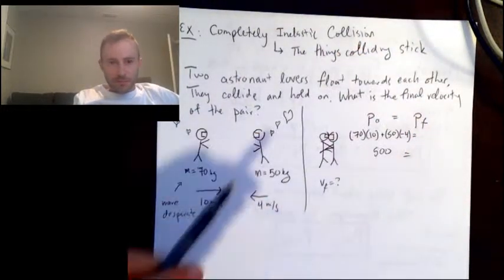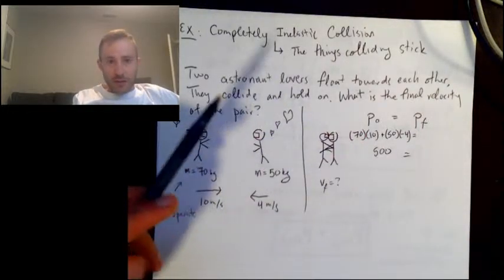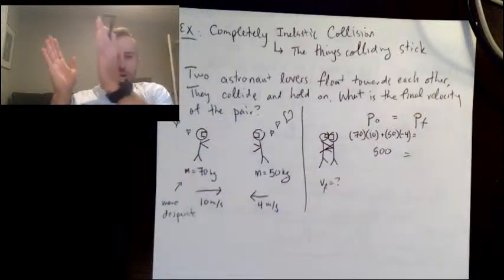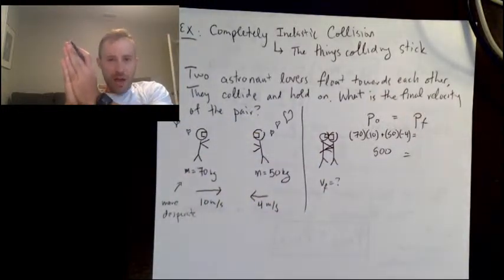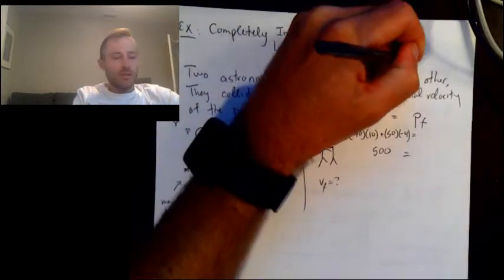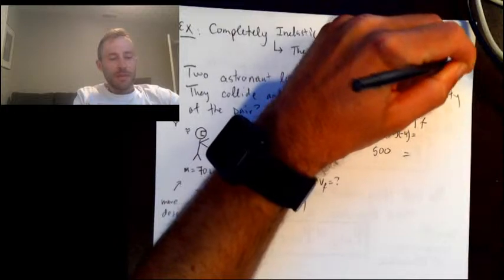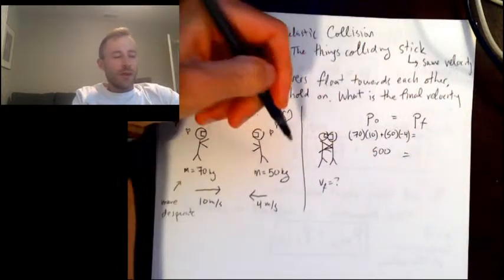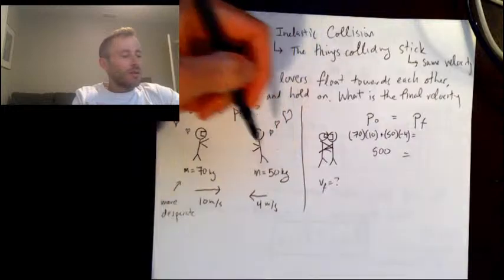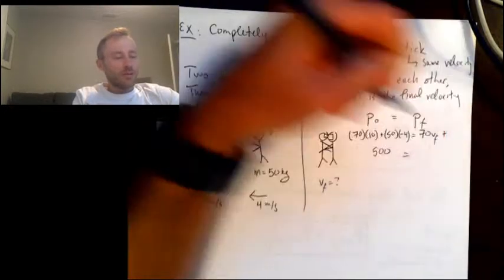Afterwards, the two astronauts collide and stick together. If two things are stuck together, that means they have the same velocity. If they had different velocities, they would be drifting apart. So my final momentum is going to be 70 V final plus 50 V final.